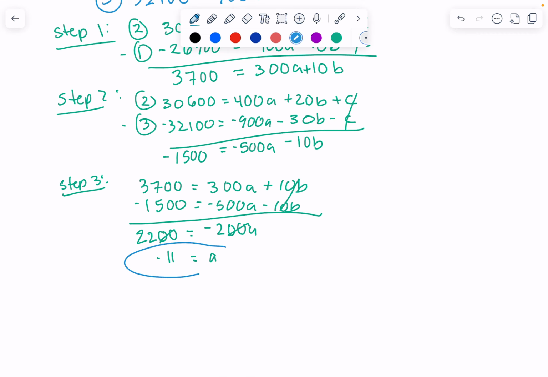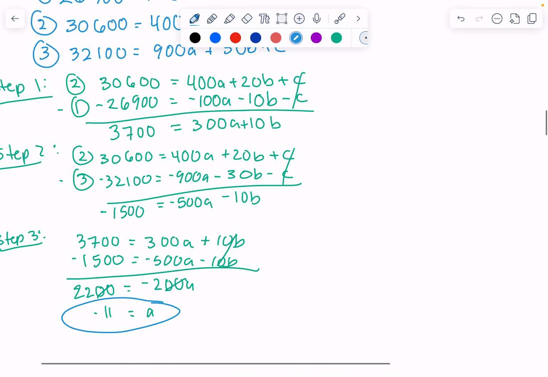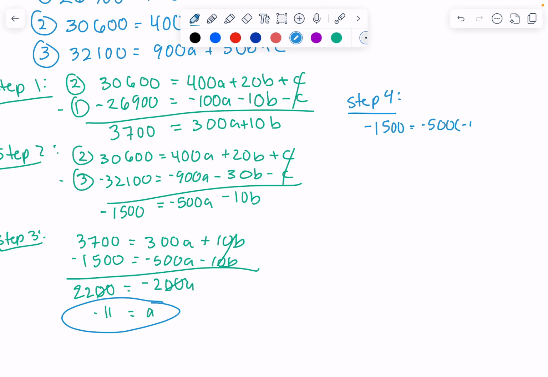Okay. Now that I have an a value, I could plug that into one of these equations to get my b value. So that's step 4. Negative 1,500 equals negative 500 times negative 11 minus 10b.